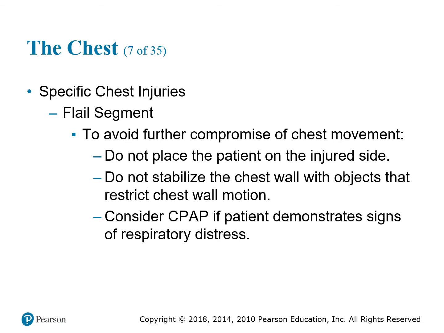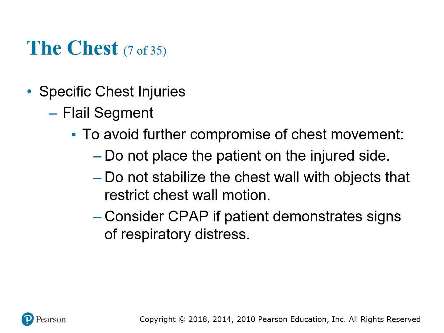So in a sense, what we try to do is just support ventilations as best as we possibly can. We're not going to place the patient on the injured side. We're not going to try to stabilize the chest section with any kind of device that restricts chest wall motion, like a sandbag. But we will consider CPAP for that patient.